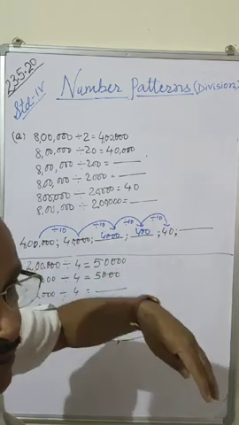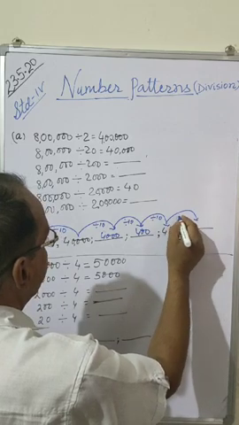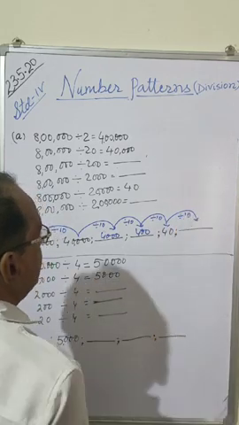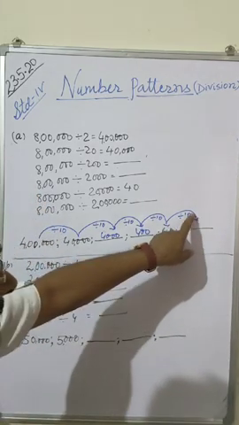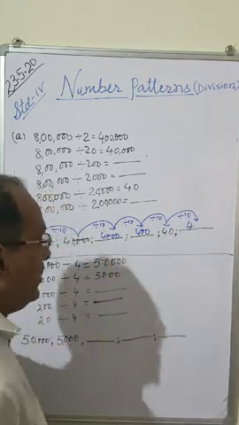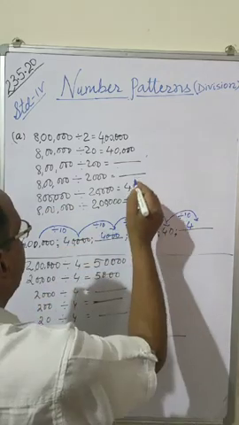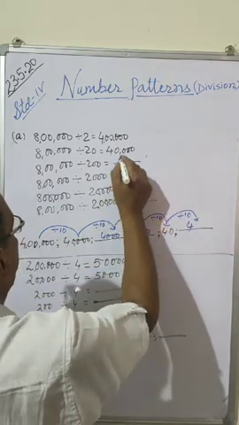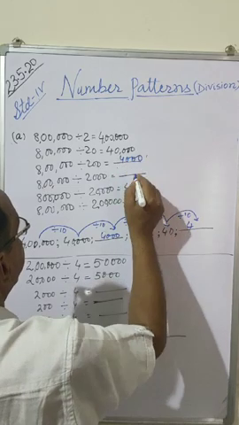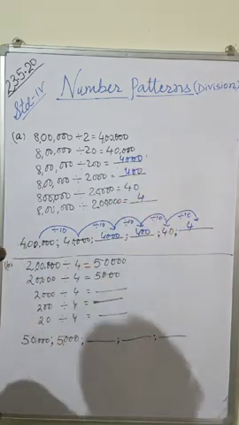You are going in correct way. And then same pattern you have to follow here. Divide by 10. Now 40 divided by 10, 0 0 cancel, so this will be 4. Now pattern is clear and you can write. So here you can write 4,000, here you can write 400, and here you can write 4.